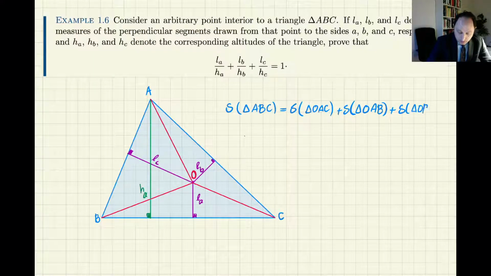Okay, this is clear. Let me simply write this as S. On the left hand side, I would write S, by which I mean the area of the triangle ABC. But if I ask you what you can write for the area of this triangle, let us see which triangle it is.